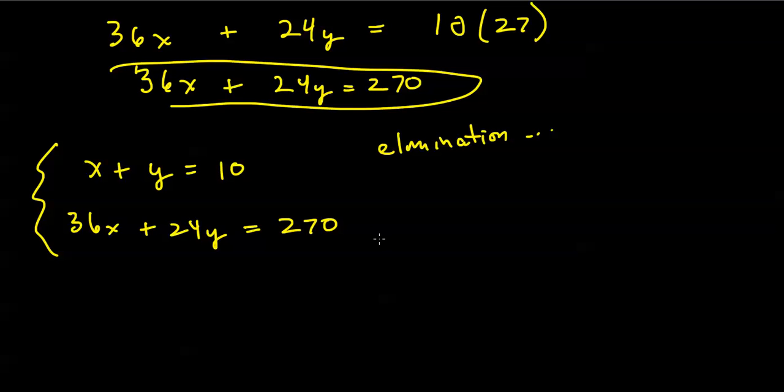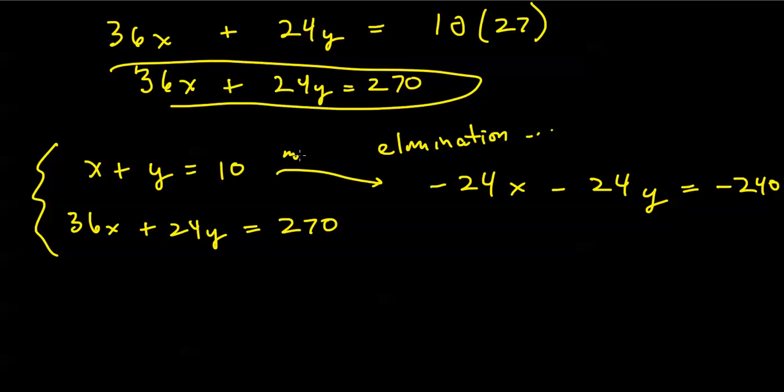Alright, what I'm going to seek to do is eliminate the y variables. I can easily multiply the top equation through by negative 24. Alright, so multiplying the top equation through by negative 24 gives me this top resulting equation.